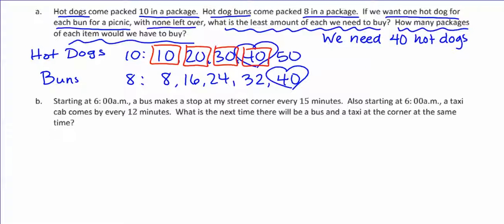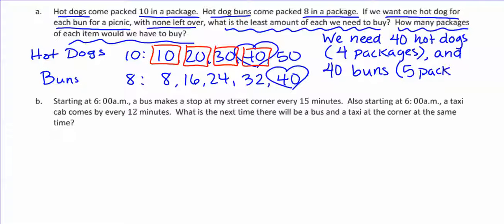So we need 40 hot dogs, which is 4 packages, and 40 buns, which is how many packages? 5. Very good, 5 packages. Right, so there you have it.